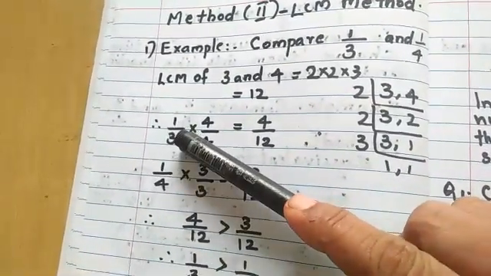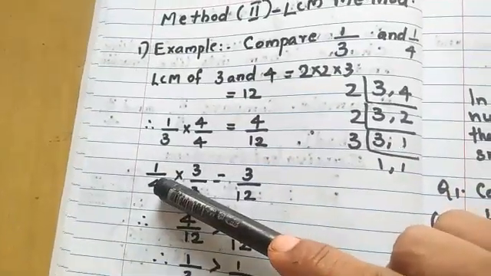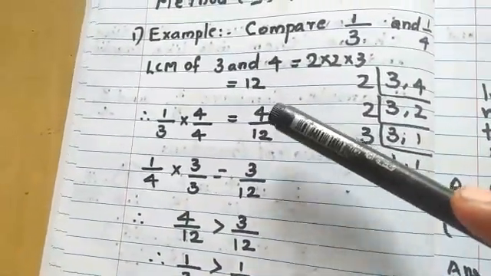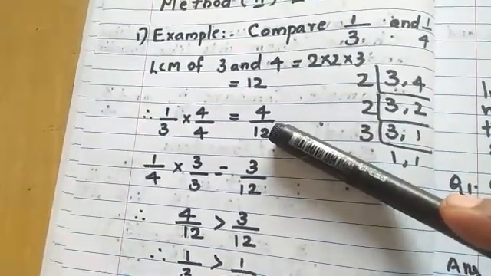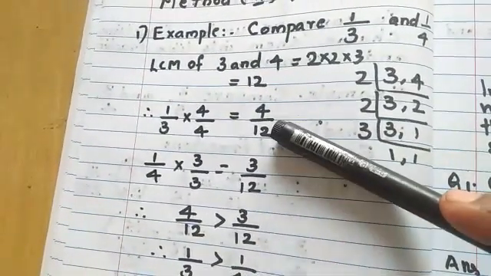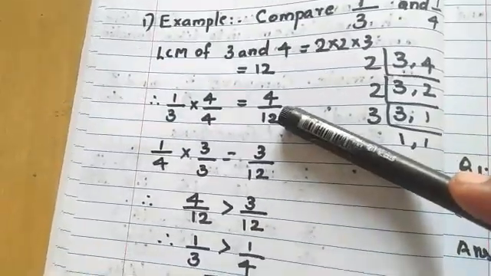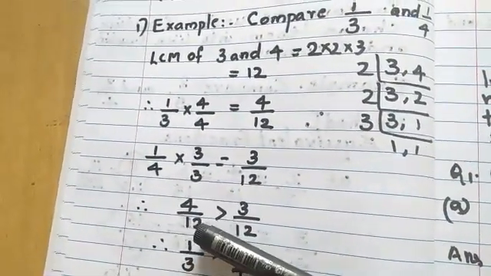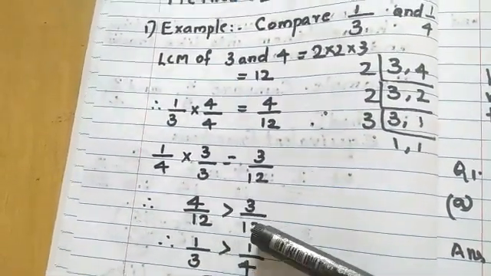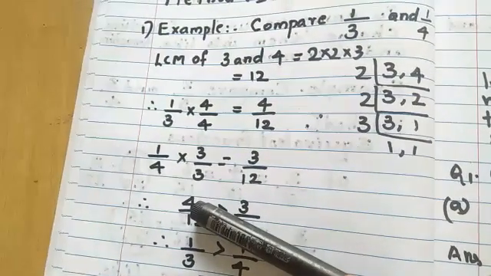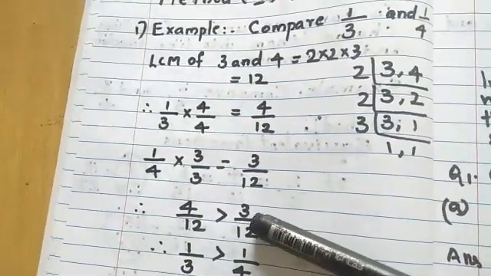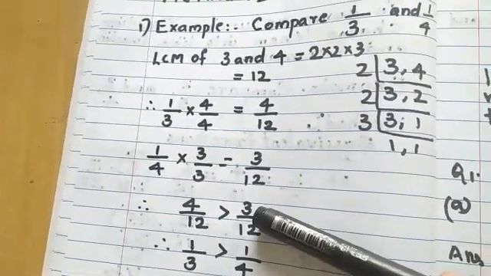Then instead of comparing 1 by 3 and 1 by 4, we will compare 4 by 12 and 3 by 12. From here you can see these two fractions are like fractions. So, we can write 4 by 12 greater than 3 by 12. Why? Here the numerator 4 is greater than 3.